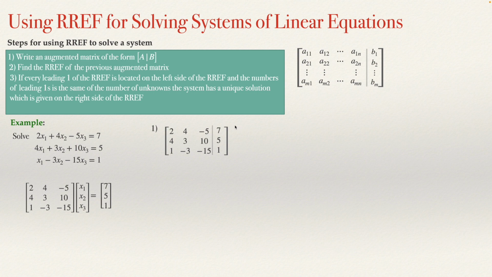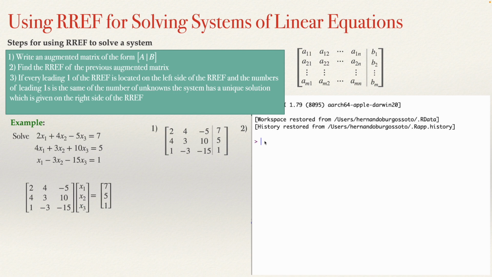Then, as the second step, use software or something that can help you compute the reduced row echelon form, or do it by hand. I explained in another video how to compute the reduced row echelon form of a matrix by hand. But here, let's use R.